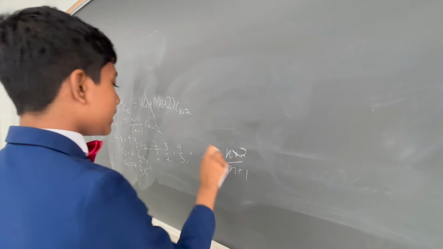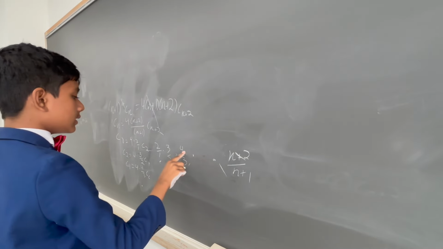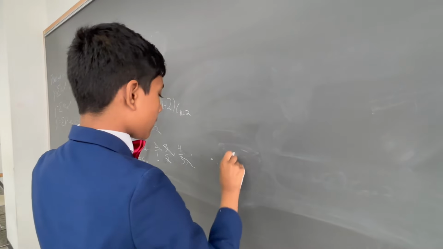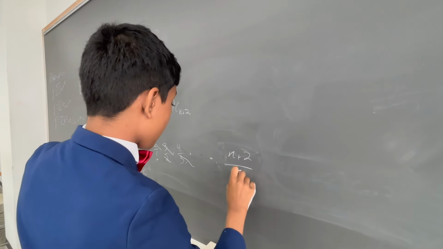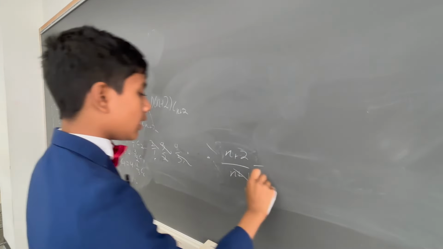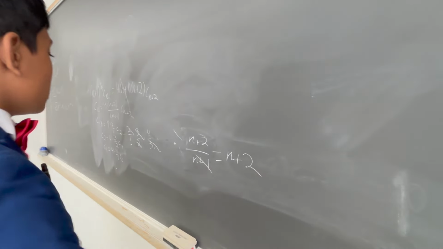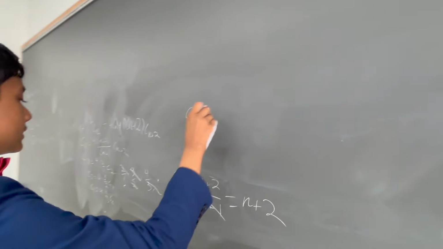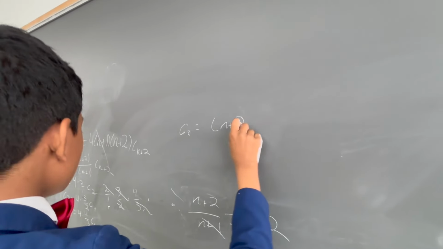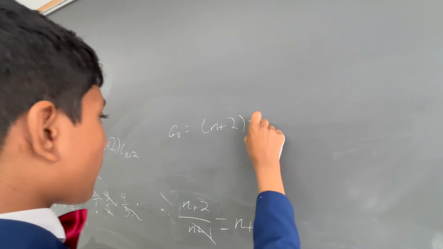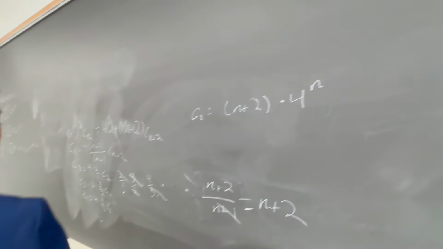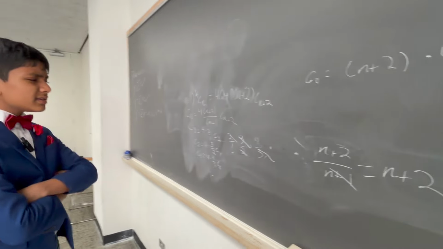And at the end of the day, this is all going to telescope out and become n plus 2. So at the end of the day, we should get that C0 is equal to n plus 2 times 4 to the n. Am I doing this correctly?